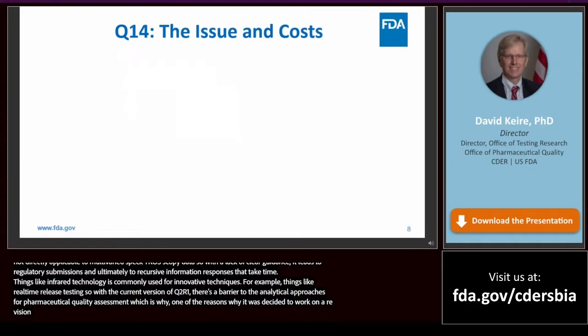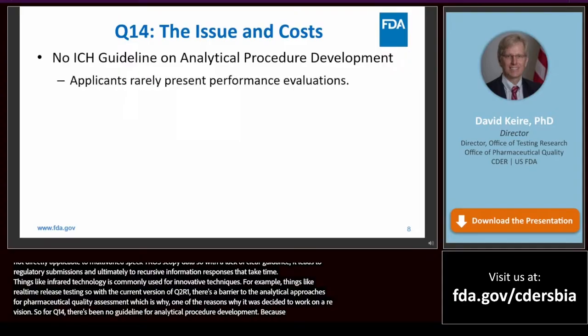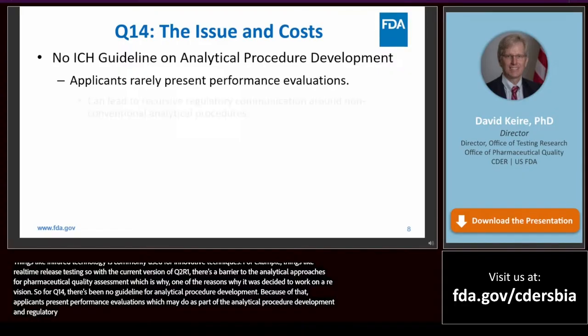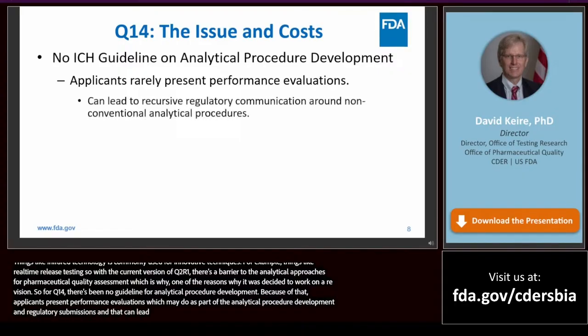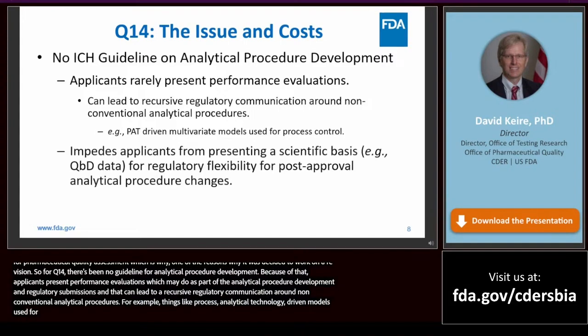For Q14, there has been no ICH guideline on analytical procedure development. Because of that, applicants rarely present performance evaluations, which they might do as part of analytical procedure development, in regulatory submissions. That can lead to recursive regulatory communication around non-conventional analytical procedures, for example, process analytical technology-driven multivariate models used for process control.